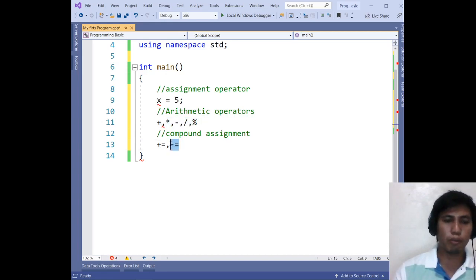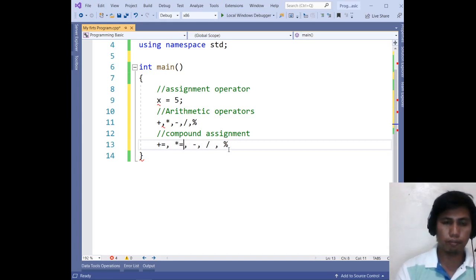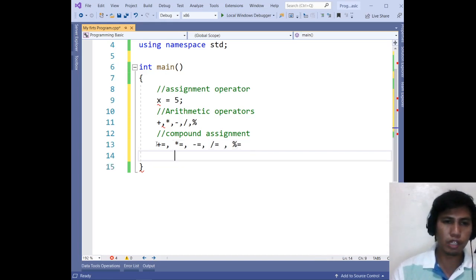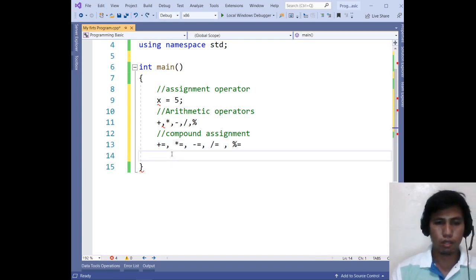So ito po yung mga yan. So lagyan nyo ng equal. What does this mean? So the first expression, let's say this one, plus equals.